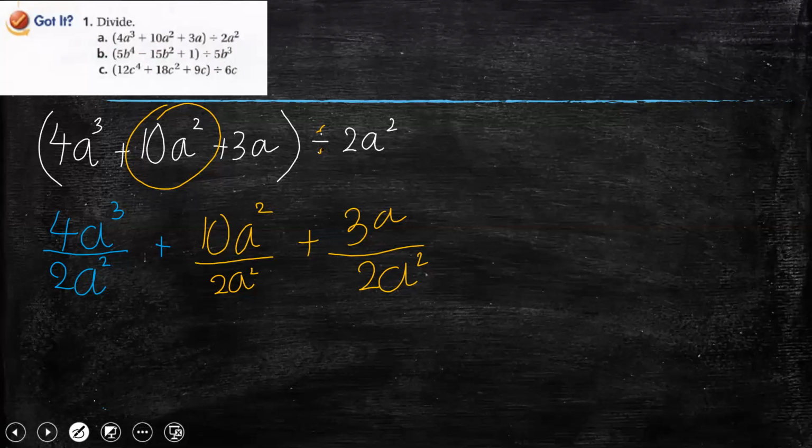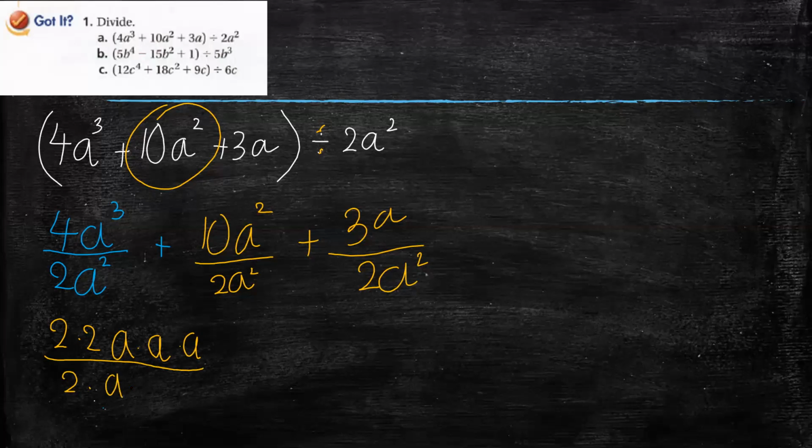Now 4a cubed, how can you write it? It is 2 times 2, and how many a's do we have here? a times a times a, we have 3 a's. Over 2a squared, how can I rewrite it? 2a times a. Bravo.